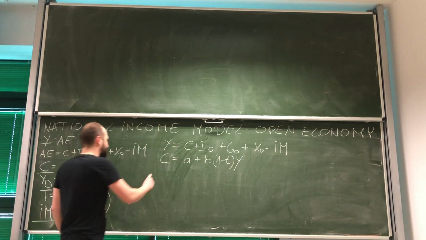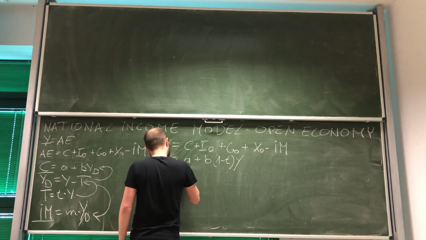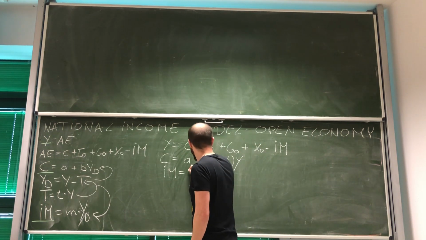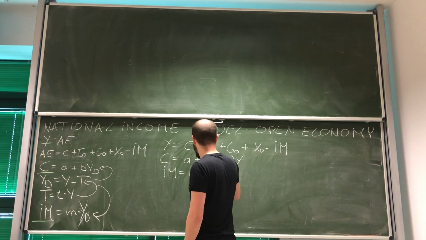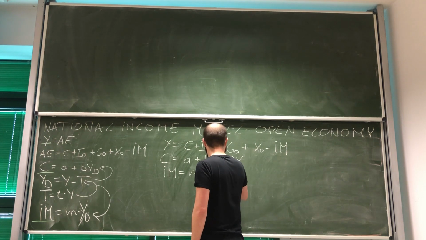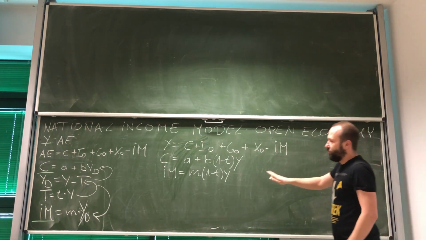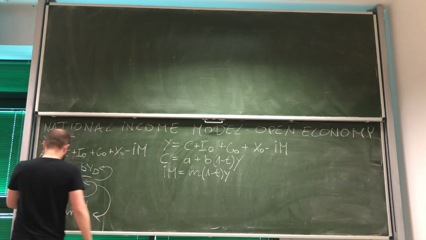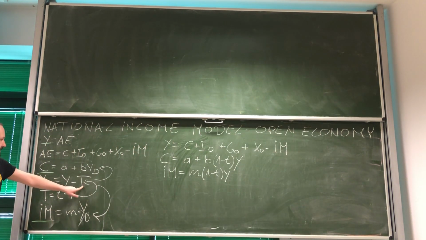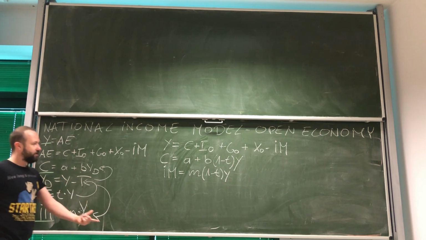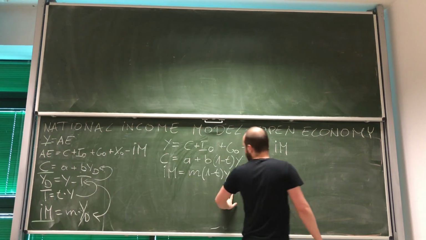So we will get that imports are equal to m times 1 minus t y, right? Look, we substitute t times y instead of t, then this instead of disposable income, then we get this expression over here and over here.